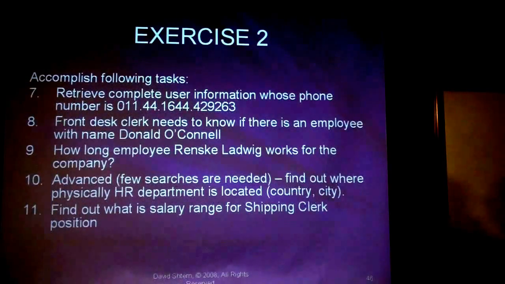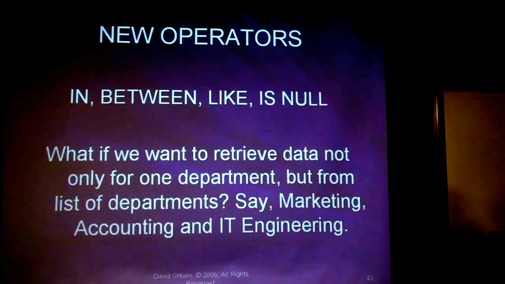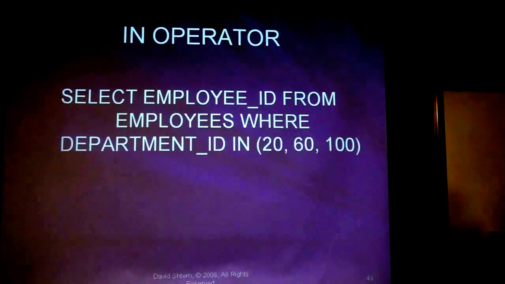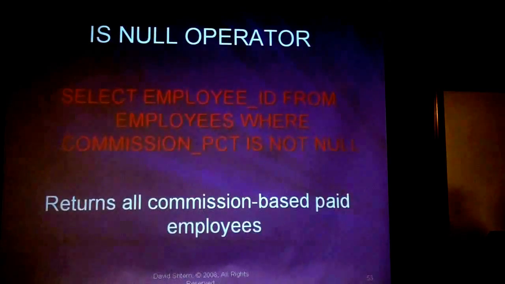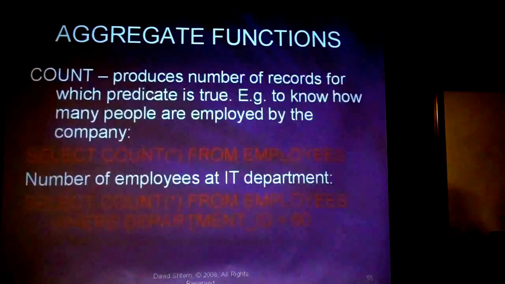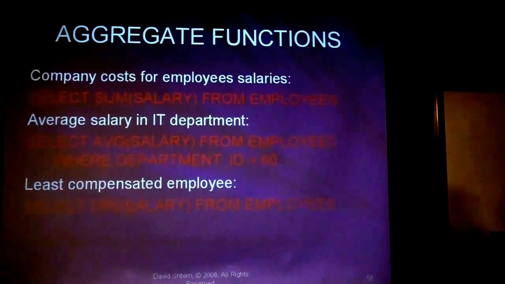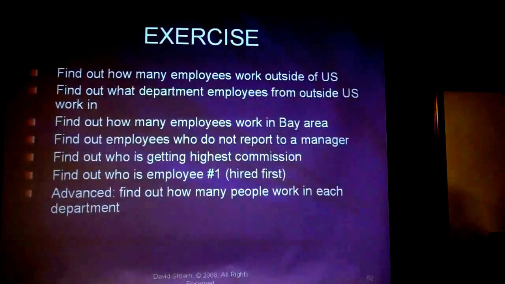We did this. It means that we had another exercise. Yeah, we have aggregate functions. We did this, and the like operator, is null operator, and I believe this one.